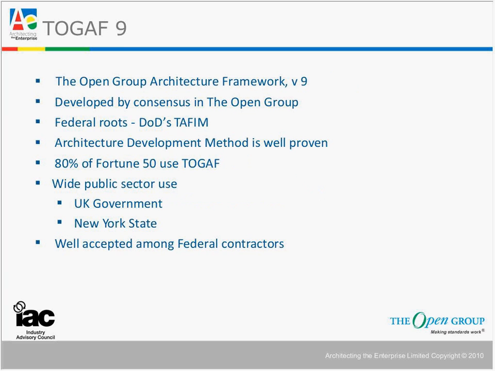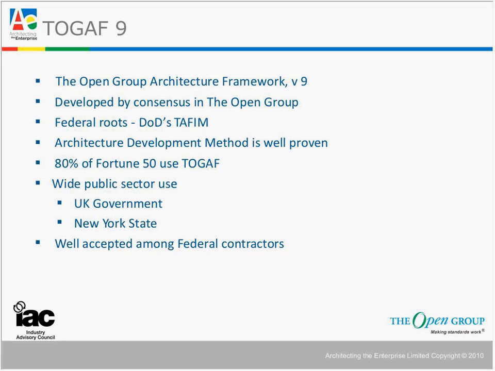So what is TOGAF? TOGAF 9 is The Open Group Architecture Framework version 9. It's developed by consensus in the Open Group. It has federal roots. Many people don't know that. It has a reputation in this country as being a commercial framework, but really its roots are federal.